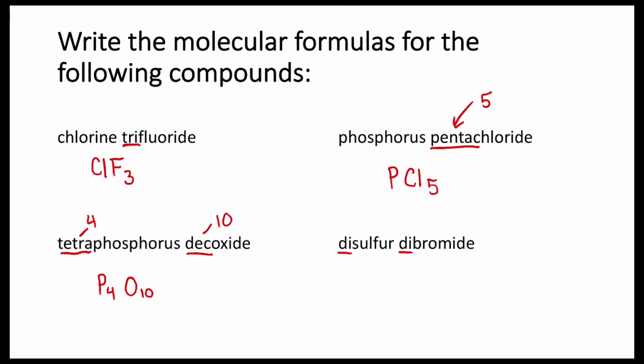Disulfur dibromide, di is 2, so S2, and then bromine is Br2. And then I'm just going to make a note here again, do not reduce.